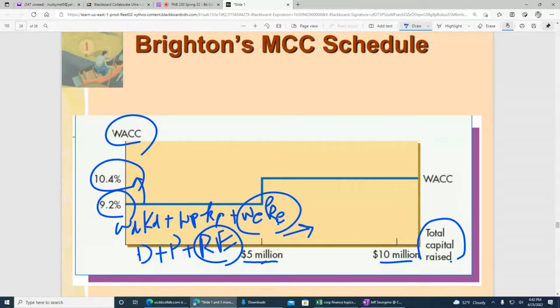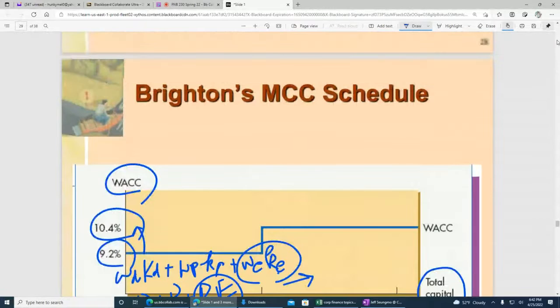You will need to sell new stocks, and selling new stocks will have a higher cost of equity. So the weighted average cost of capital will jump, right? So that's what marginal cost of capital is.